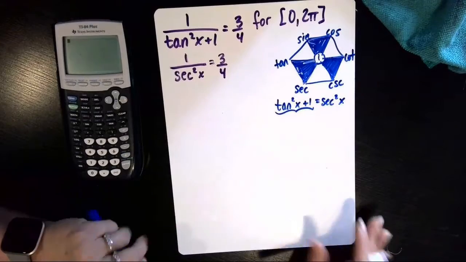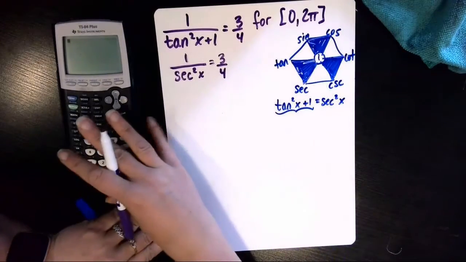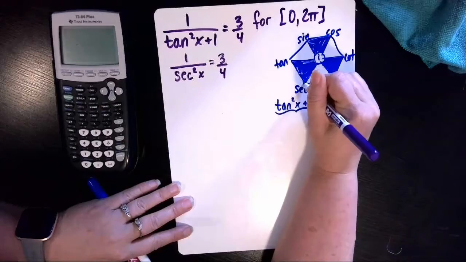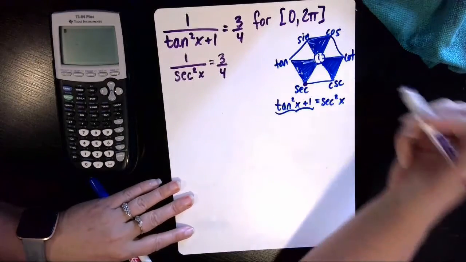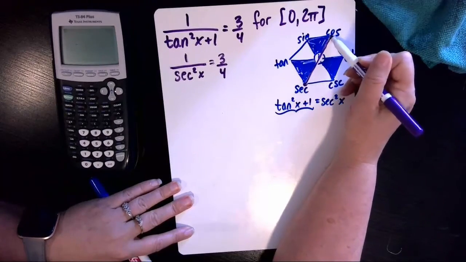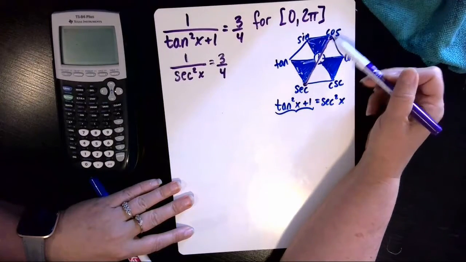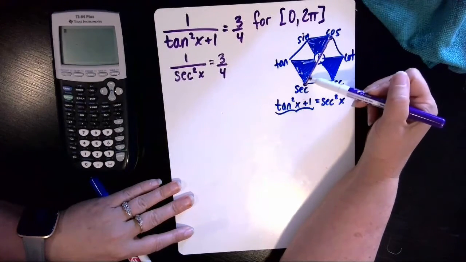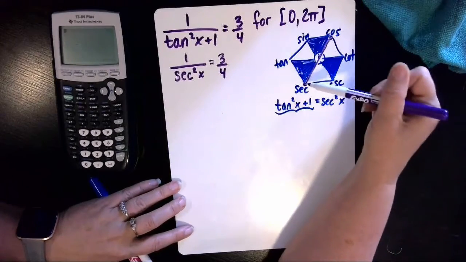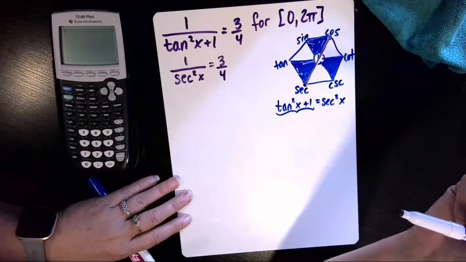Okay, next I'm going to look at the secant here on the trig identity hexagon. And secant is diagonal from cosine, which tells me on the hexagon that they are reciprocals. So cosine is the reciprocal of secant, secant is the reciprocal of cosine.